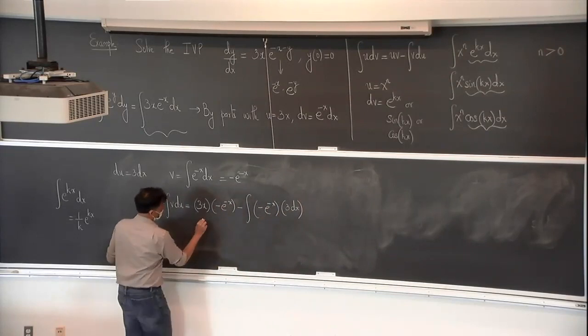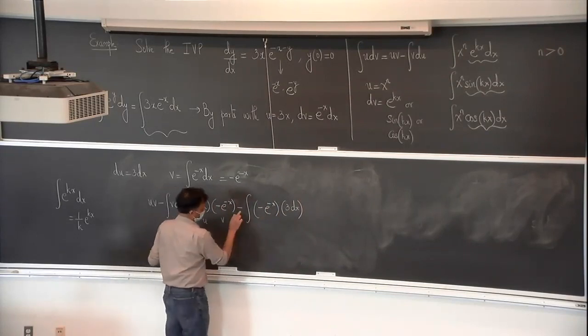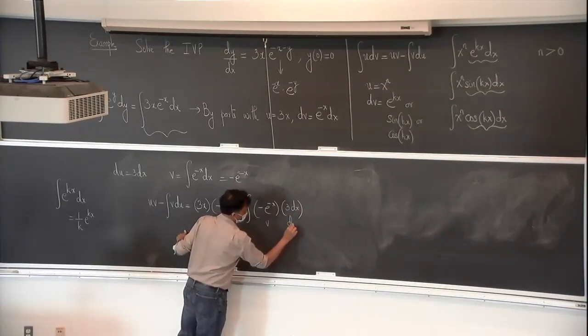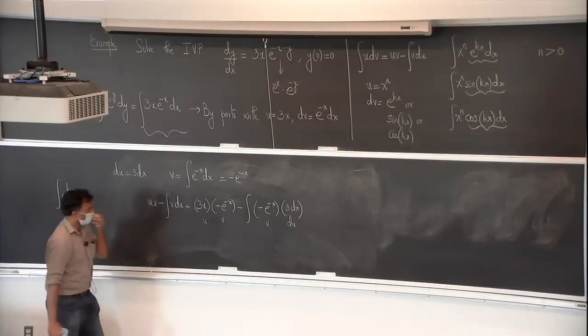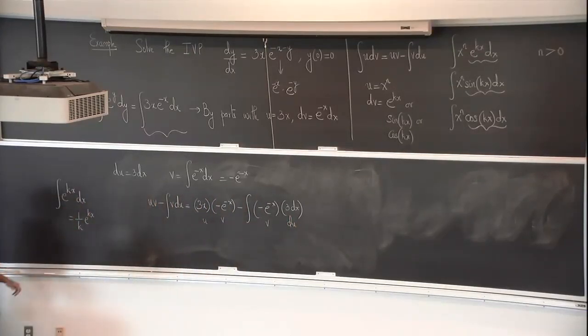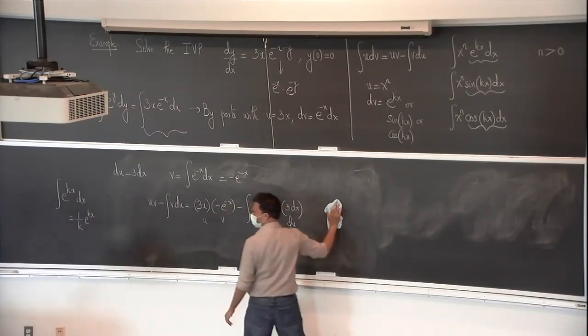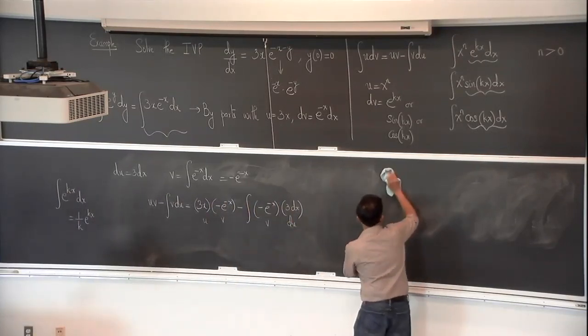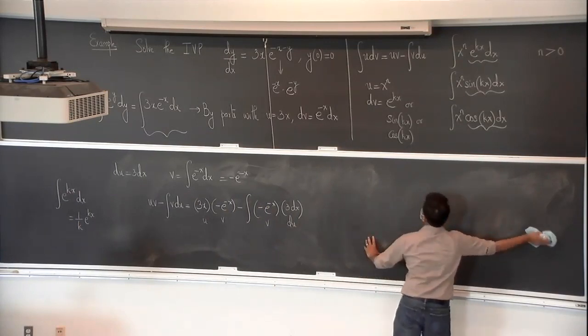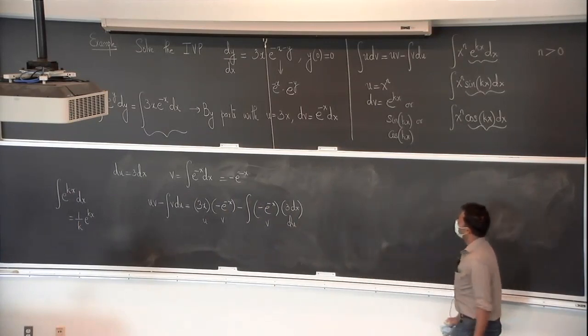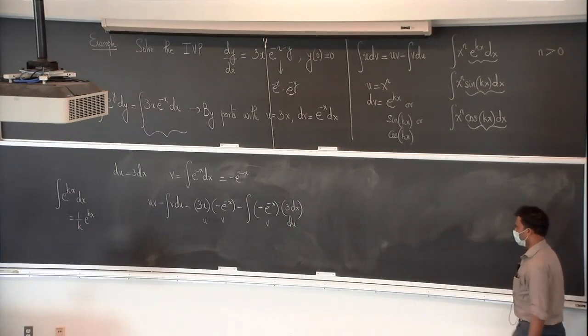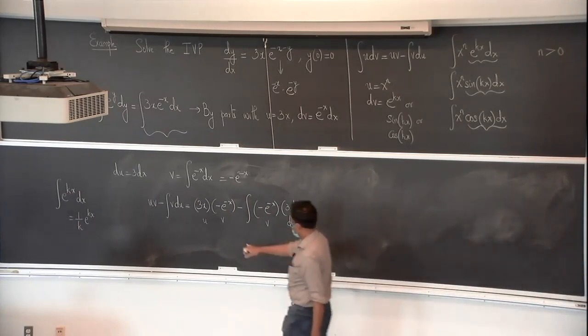So this is uv minus the integral of v du. All right, there's nothing much to do here.